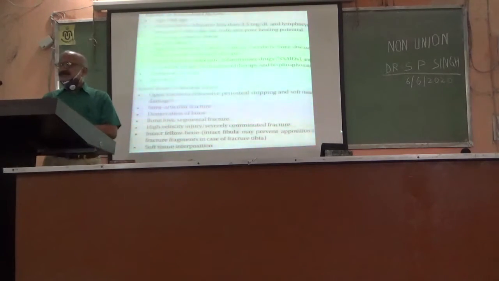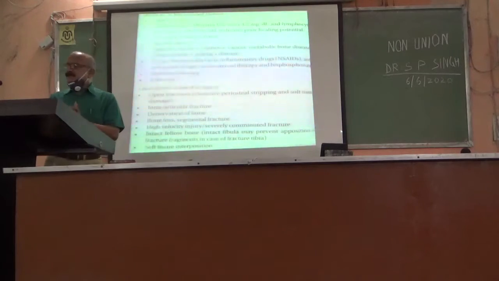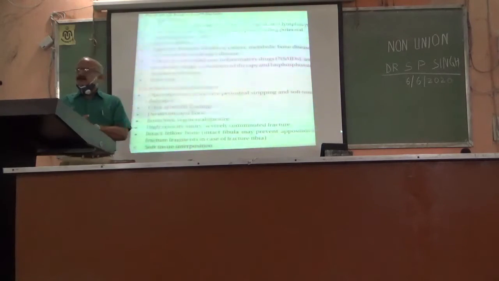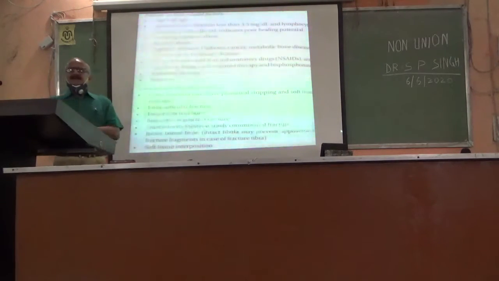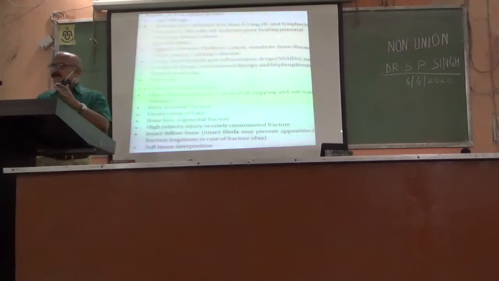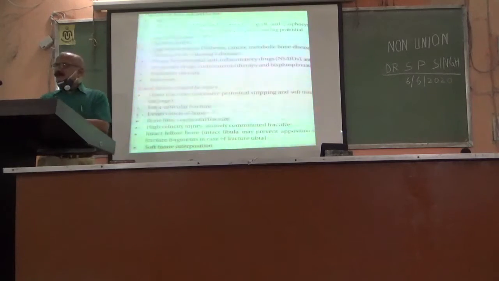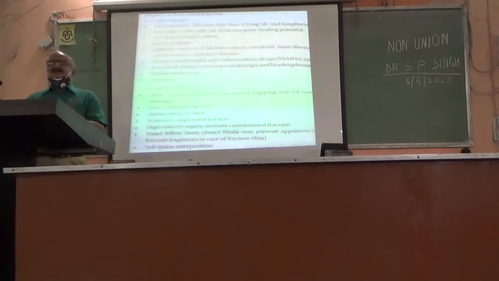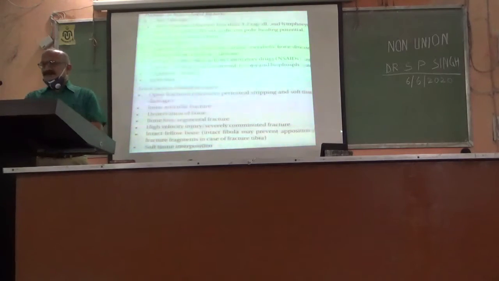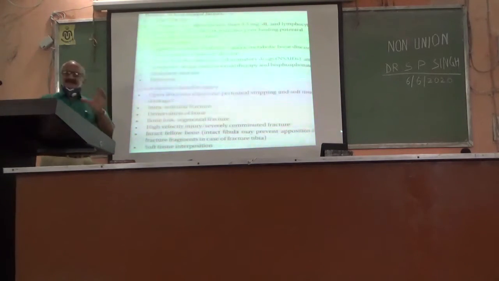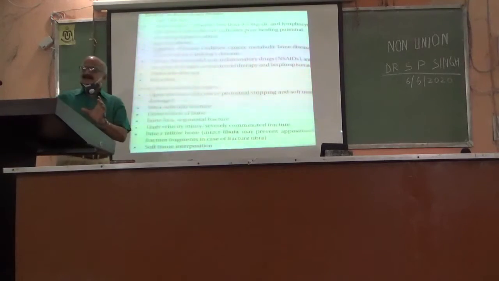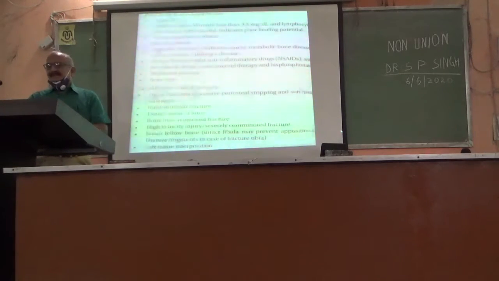As per a small, crude, simple formula: upper limb child 3 to 6 weeks, lower limb child 6 to 12 weeks, upper limb adult 6 to 12 weeks, lower limb adult 12 to 24 weeks. So this is the usual time frame to achieve union.